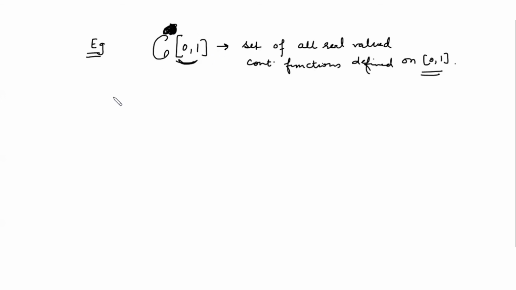Okay, and now we define d as the integration going from 0 to 1 of mod of f(t) minus g(t) dt, where t is a member of the interval between 0 and 1, right?